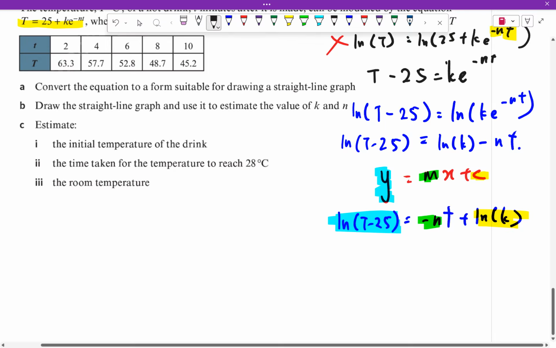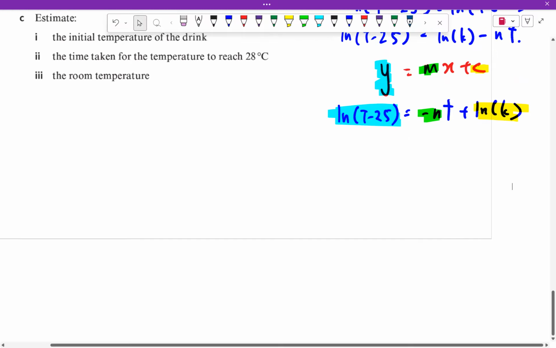Then, in order to plot the graph, I need to make sure which two variables I will plot. Before even sketching the graph, I do need to sketch the graph first.